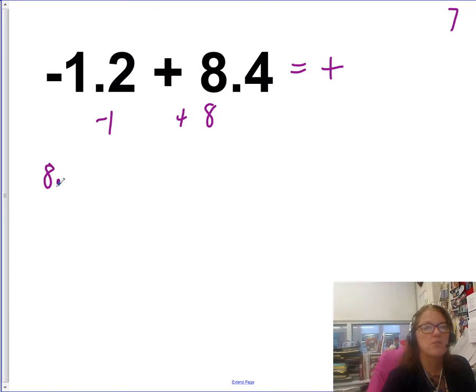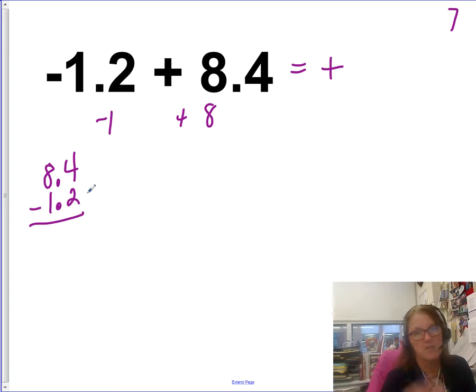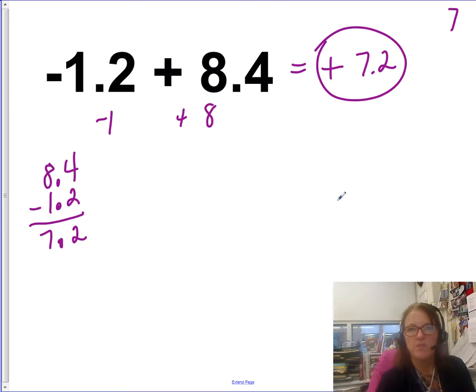When I do the actual math, line up the decimal points and find the difference because one was positive, one was negative. 4 minus 2 is 2 in the tens place. 8 minus 1 is 7 in the ones place. Positive 7 and 2/10. Boom. That's close to my estimate.